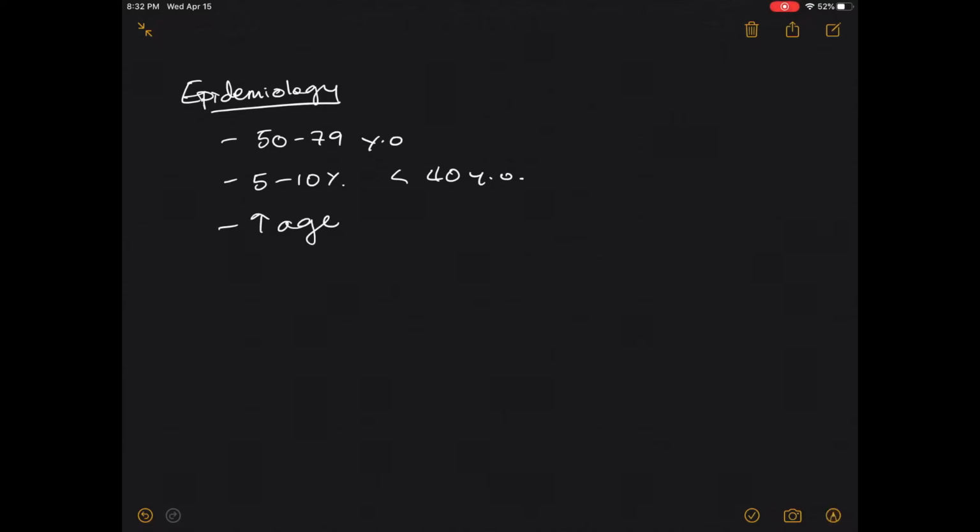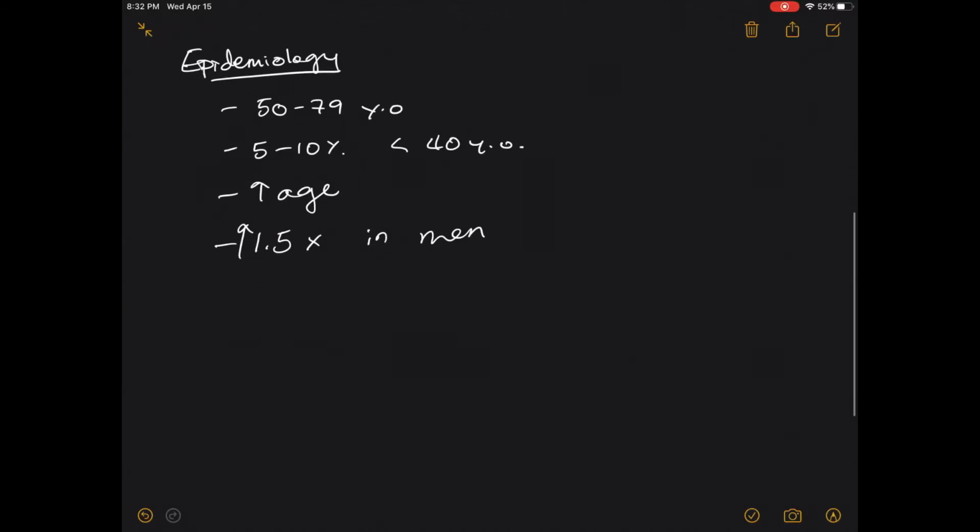And sadly, men have 1.5 times higher prevalence of Parkinson's disease. To briefly talk about its consequences, it is a costly disease, as people living with Parkinson's disease usually develop secondary comorbidities due to their symptoms, which cause them to be inactive. I'll talk more about it later on as well.